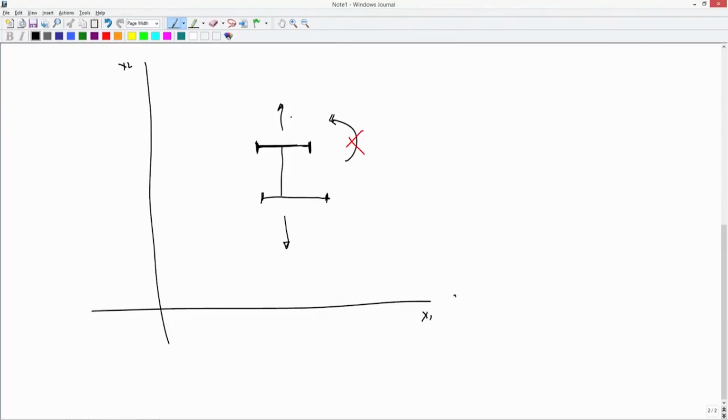Now, with the application of input u in this direction, I can move forward, right, in this way. Application of u here, I can move backwards. Now, can I say that this simplified version of a car, the picture is not drawn very well, but can we say that this is actually controllable? Right, but I am just allowed to move this way or this way.